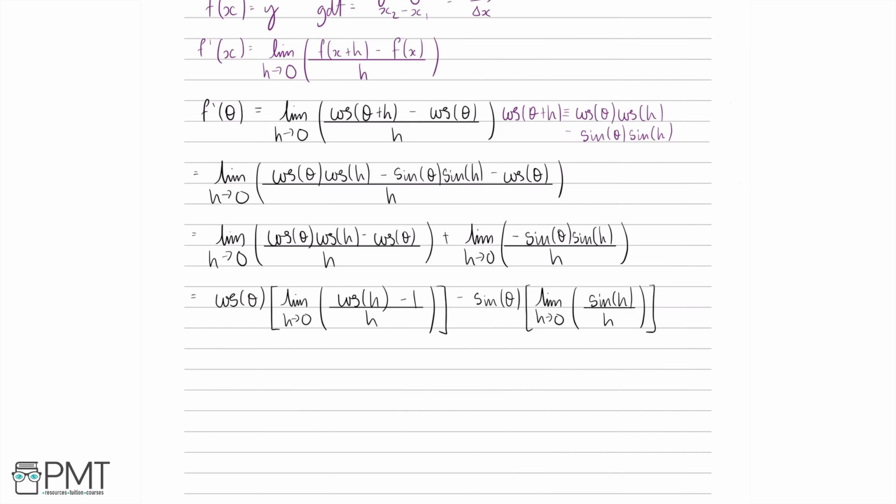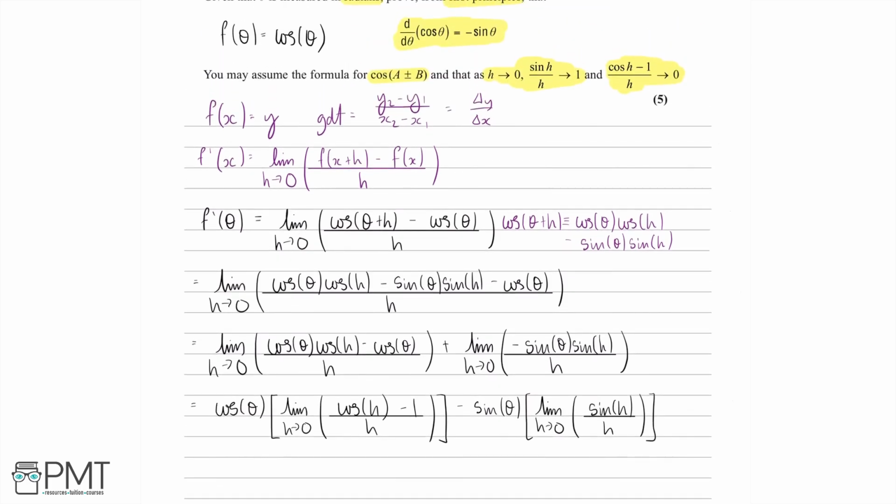Now at this stage here, we can use the hints we're given in the question. So in the question, we're told that as h approaches 0, sine h over h approaches 1. Here we have h approaches 0, so sine h over h, well, that's going to approach 1. So this whole part just becomes 1. And then using the second part here, as h approaches 0, cos h minus 1 over h approaches 0. And that's what we have here. The limit as h approaches 0, cos h minus 1 over h approaches 0.